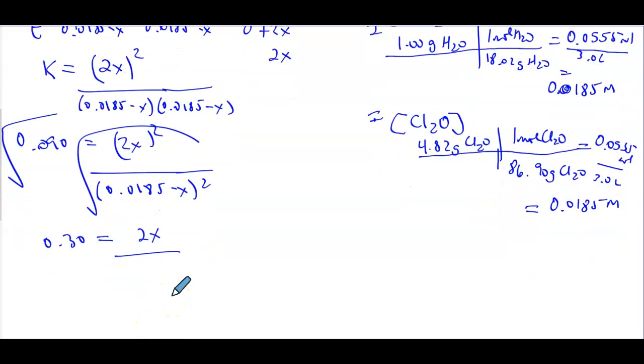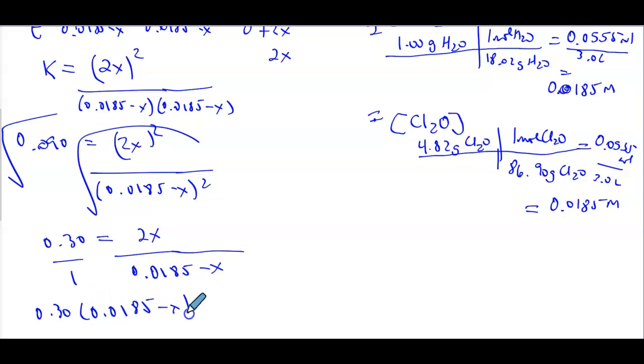Remember, I take the square root of squared, that means I get rid of the squared. I'm going to solve this by cross multiplying, so 0.30 times 0.0185 minus x equals 2x.